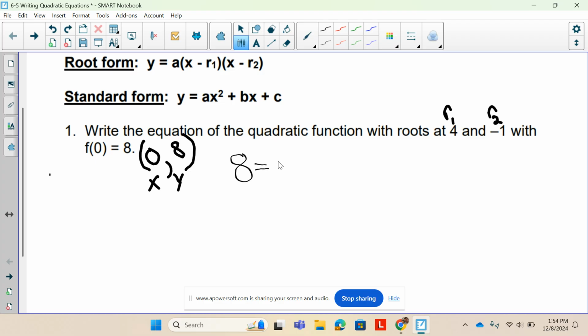I don't know what the value for a is yet, but I know I've got an x value of 0 minus r1, which is 4, times x, which is again 0, minus r2, which is -1, so we'll make that minus a plus 1.